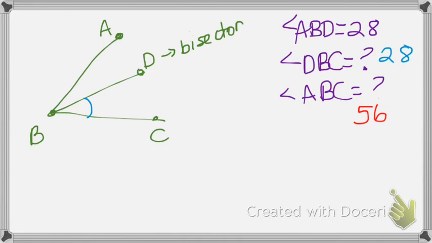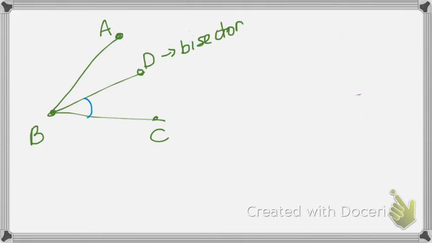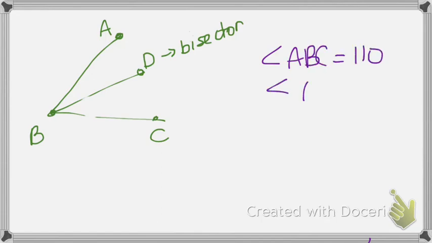Okay. So I'm going to erase this. I'm going to use the same picture. I'm going to give you different information. I'm going to let angle ABC equal 110 and angle ABD equals what? Just divide it by 2?